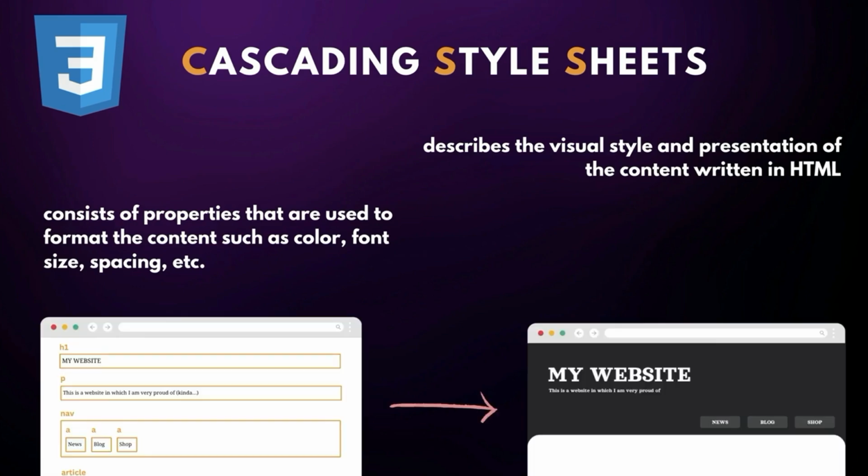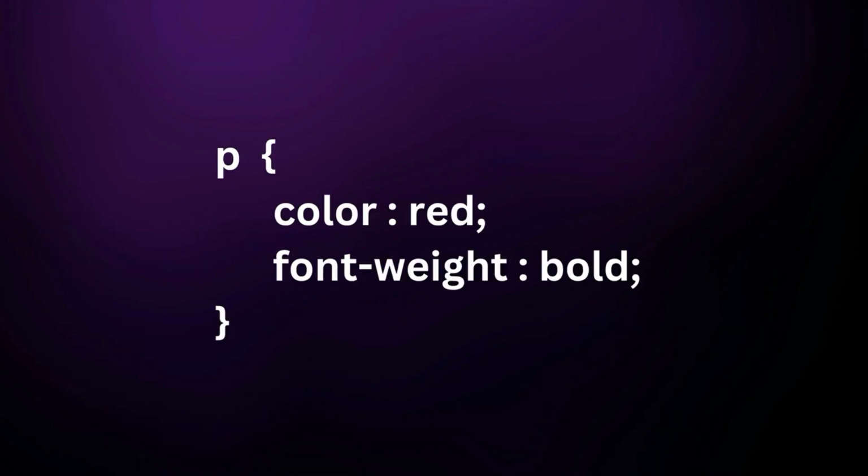Once we have our HTML, the browser is then going to interpret these CSS stylings, and it's going to apply them to each of the HTML elements, changing visually what the user is going to, in the end, see from your website. And the way we define these properties in CSS is like so. First of all, we have the selector, and this represents the element we want to change the style of.